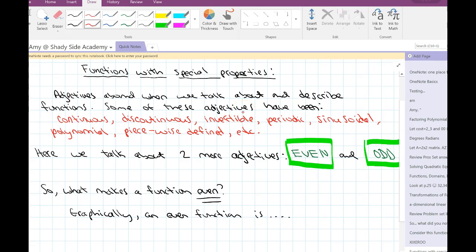talking about functions, why do we care so much about functions, and in particular functions of x? Functions of x are specific relationships between y and x such that if we graphed y equals the function of x, the curve would pass the vertical line test.